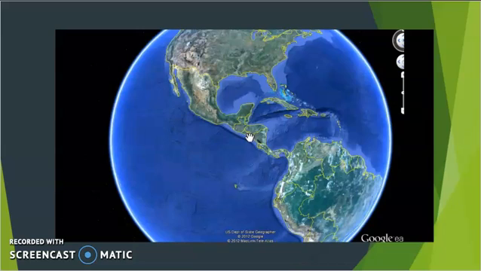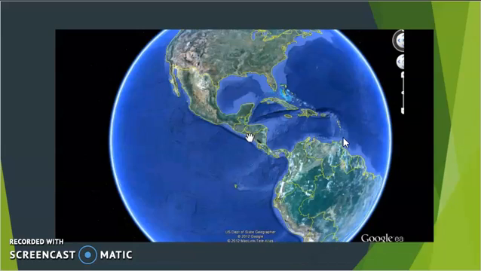Now let's see. So remember that the Caribbean can be found between two large continents, between North America to the north and South America to the south, and we would find the Caribbean archipelago, starting with the largest island, Cuba, and coming all the way down to the most southerly island of Trinidad and Tobago.